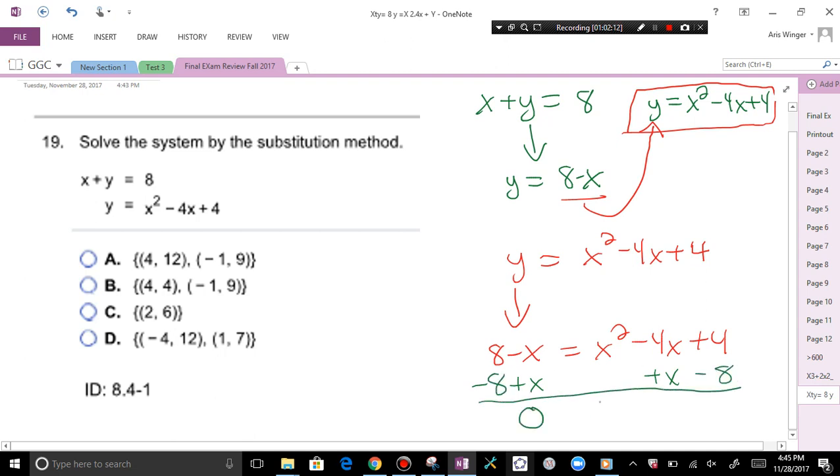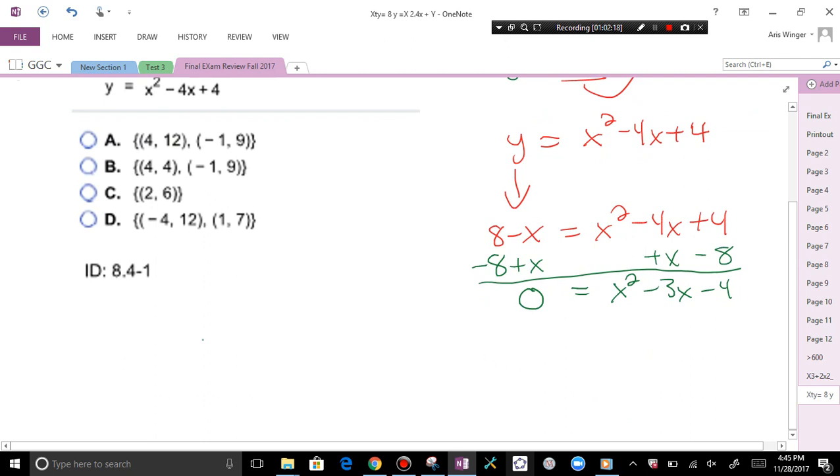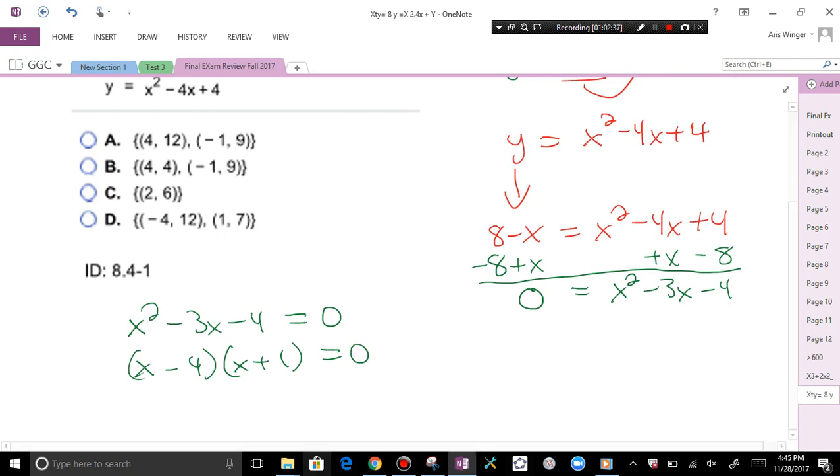That leaves me with nothing over here, equal to x squared minus 3x minus 4. Factor. Factors of 4 that are 3 apart are 4 and 1. This means x is 4 or x is negative 1.